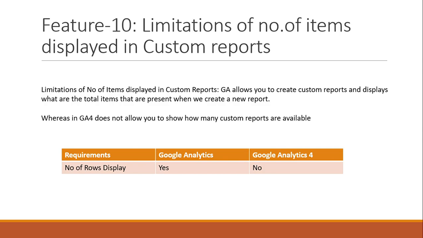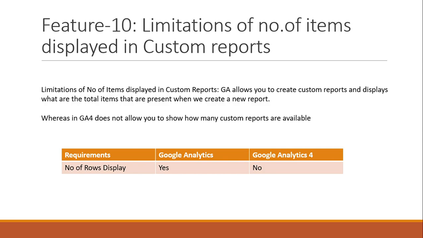But whenever we create this kind of report in the explorations, we will not be able to understand how many items were getting displayed. We can do up to 500 only at maximum, and the rest we have to do as an unsampled report if you have GA4 360 as well. So this is one scenario where GA can focus better.